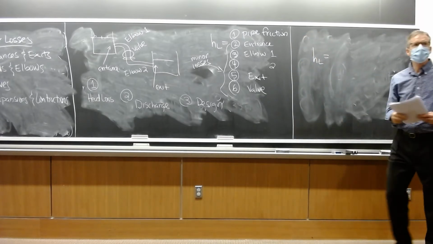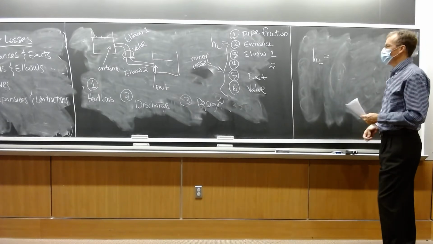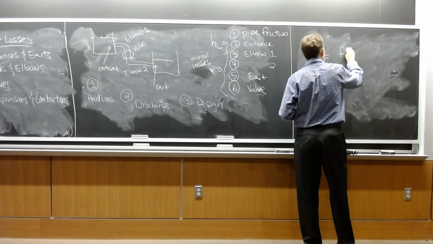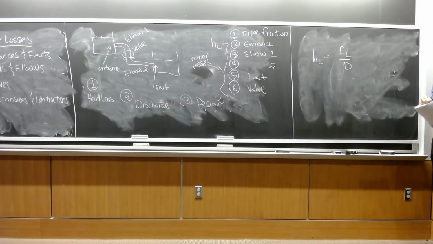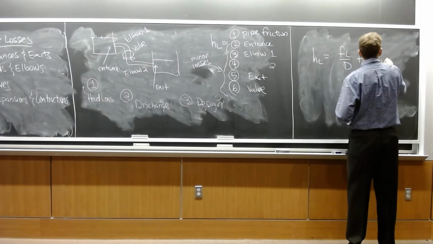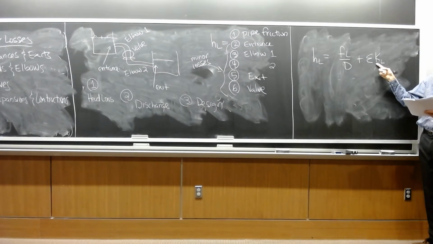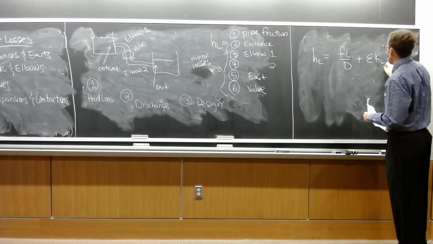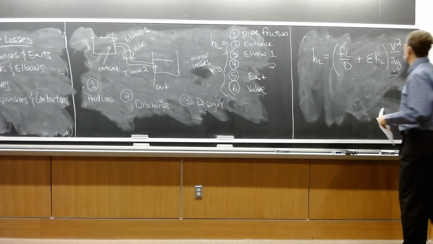I like to think of it as just a modification to the energy equation that we can make to include the minor losses. Instead of just having the friction losses, you add another dimensionless number that accounts for all the minor losses, and you multiply that times the velocity head.